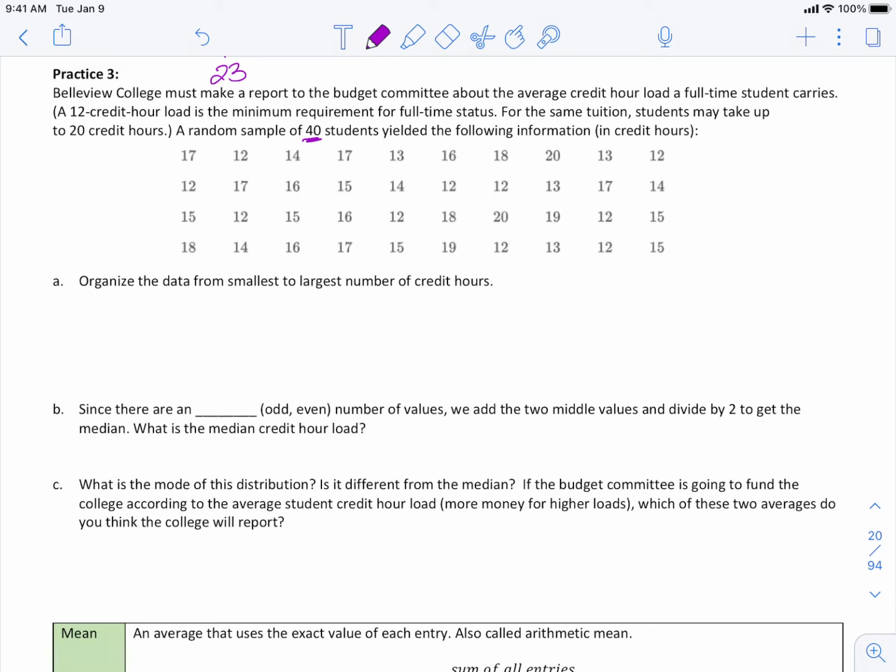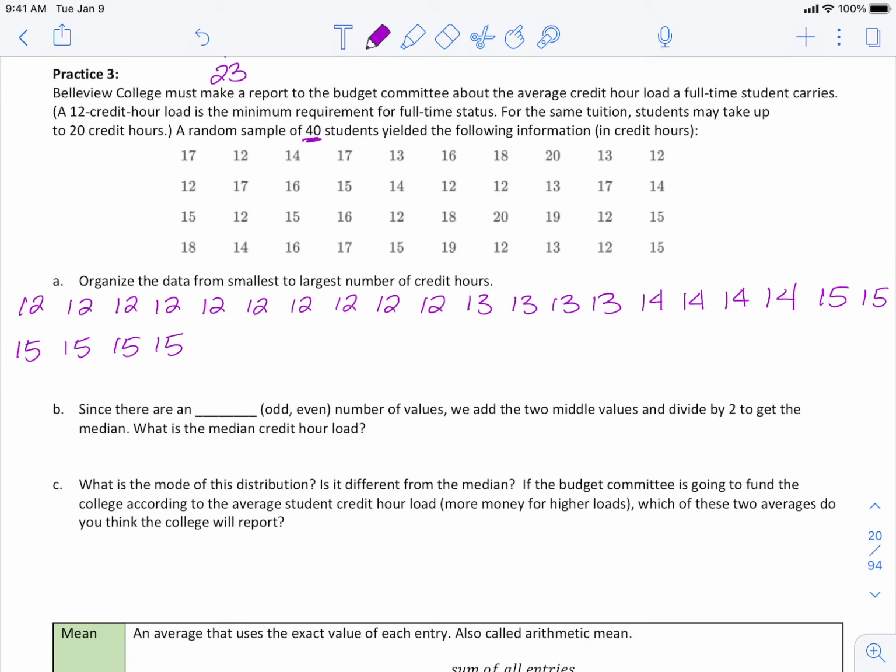First we have to organize the data from smallest to largest number of credit hours. There are 10 values of 12. There are 4 13s. There are 4 14s. There are 6 15s. There are 4 16s. There are 5 17s.